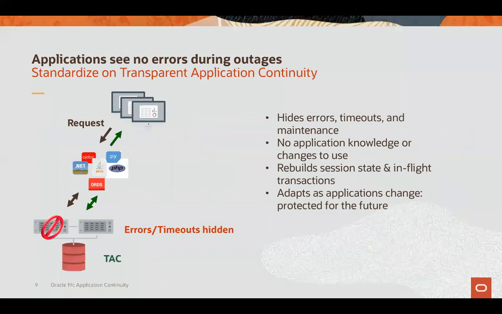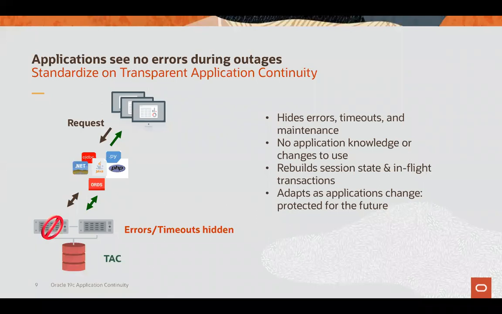Starting with 18c, we have a new feature, which is transparent application continuity. Basically, this is the automatic application continuity I was showing in the first slide of the innovations and evolution of the Oracle database with automation, which basically doesn't require any configuration on the database side from the DBA.